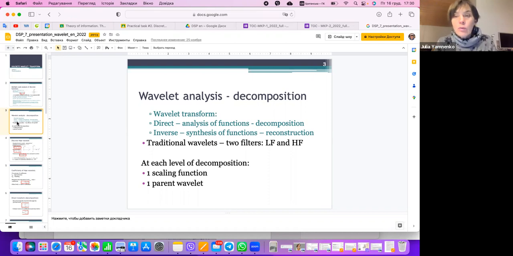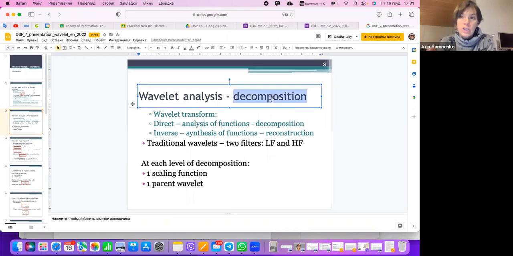But in the case of wavelet, this procedure is a little bit different. Not complicated, but more different, because we have a couple of steps on the way from the original function when we start analyzing it. So anyway, we are doing decomposition.